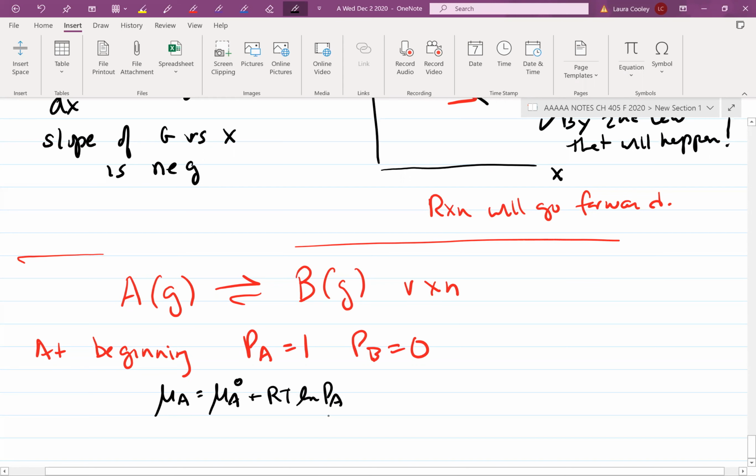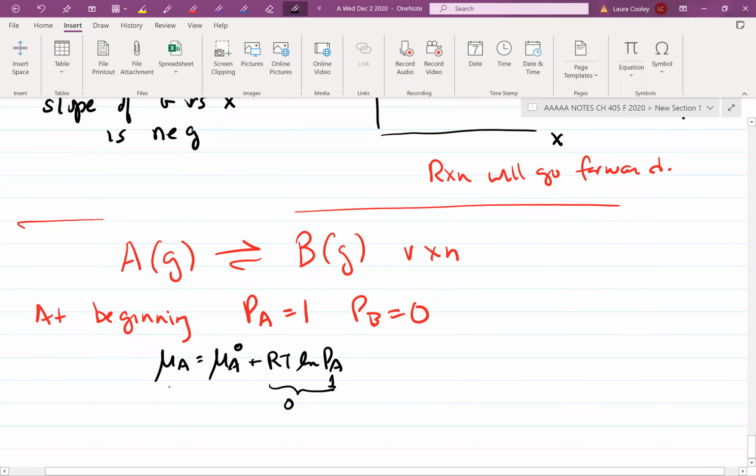And so if PA is 1, then we know this term is 0. So mu A is mu A 0. Mu B is mu B 0 plus RT log of PB, but this is 0, right? So the log of 0 is negative infinity, right? So it's very, very low.